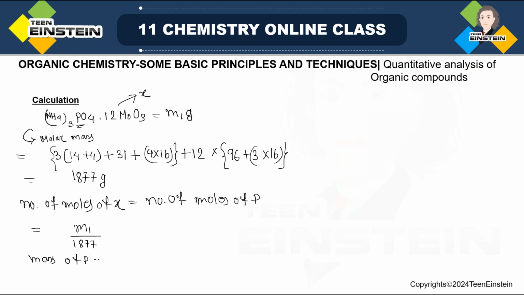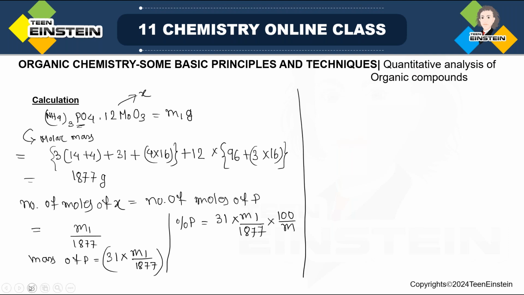Mass of phosphorus is 31 multiplied by the number of moles of P, which is the same as the number of moles of ammonium phosphomolybdate. So the percentage of P will be that mass divided by the initial organic compound mass. Suppose it is M, so it will be like this.